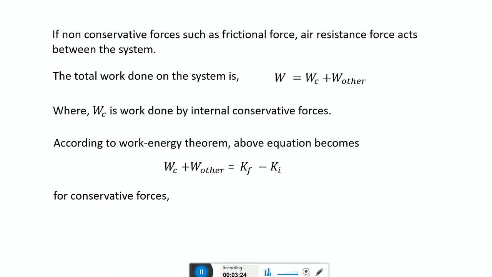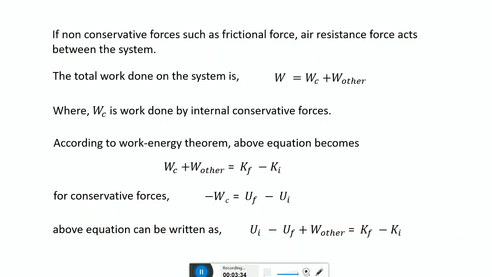For conservative forces, minus Wc is equal to Uf minus Ui. We know this equation. So we can write Ui minus Uf plus W other is equal to Kf minus Ki, or W other is equal to Kf plus Uf minus (Ki plus Ui).